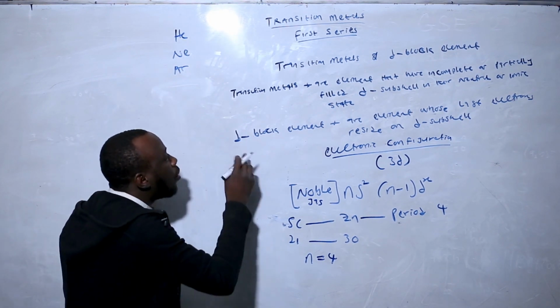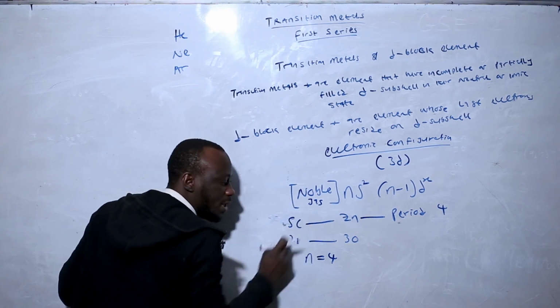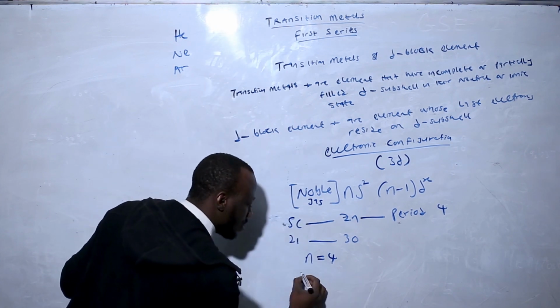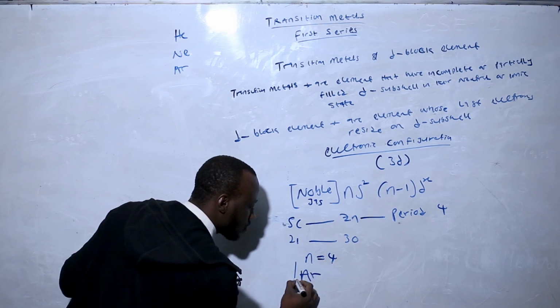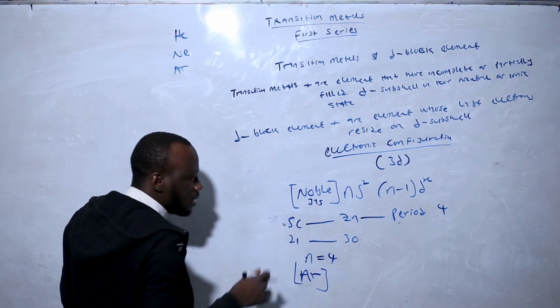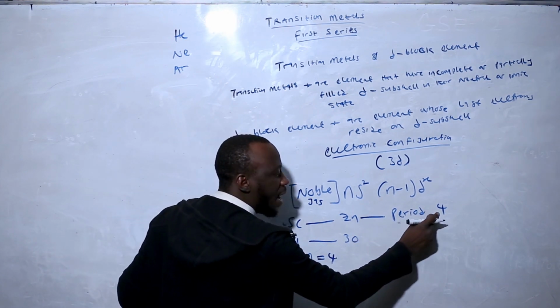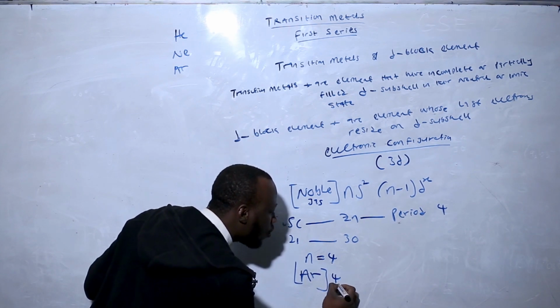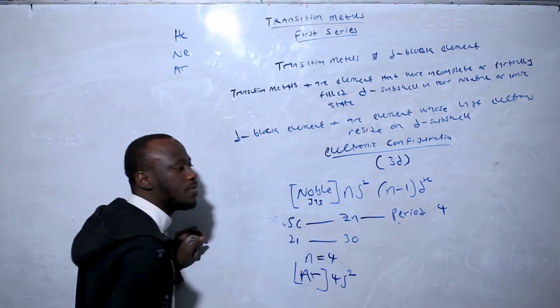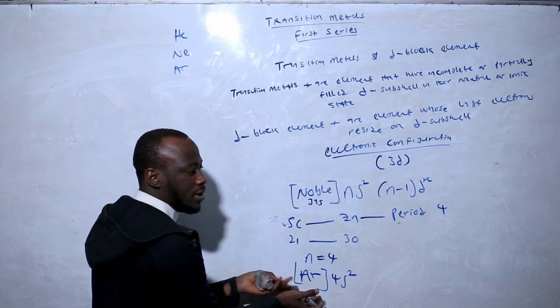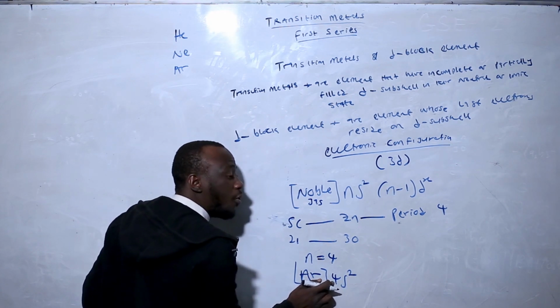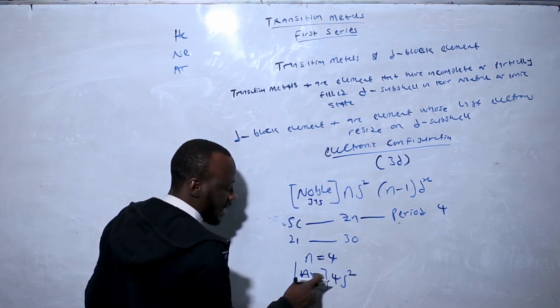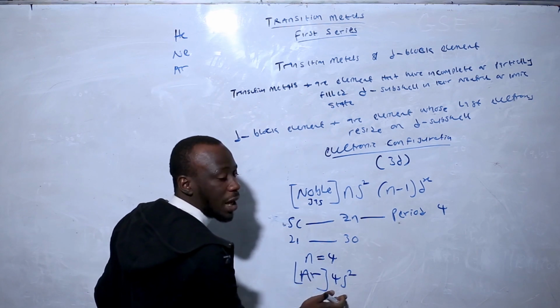So our noble gas core here should be argon, Ar. Then here we have period 4, n equals 4, we have 4s2. Argon is number 18, then 4s2 here, 2 plus 18, 20, which corresponds to calcium.